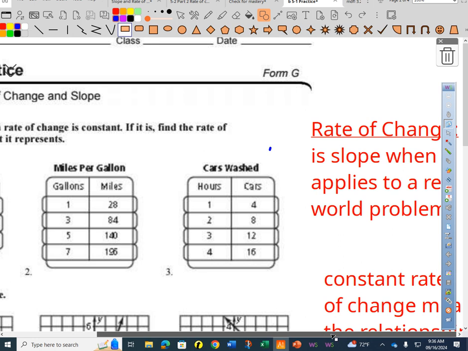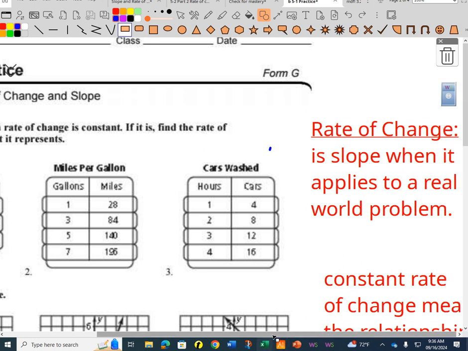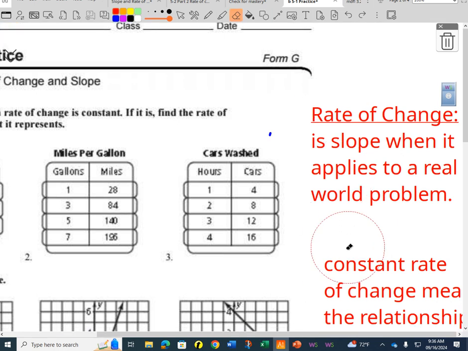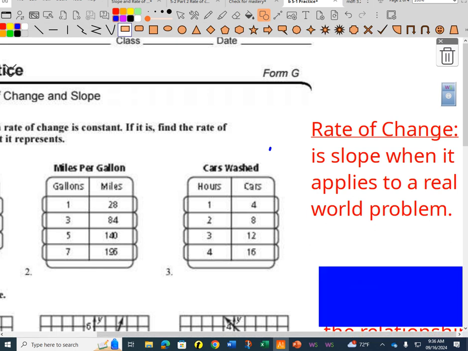Let's just go ahead and start with some definitions. So the name of this section is rate of change. Really, all rate of change is a slope when you're talking about a real world problem. So the rate of change is just a slope when it applies to a real world problem.